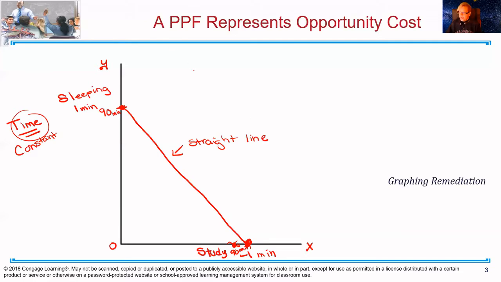Okay, so that brings me to my first really important point: when is the production possibilities frontier a straight line? It's going to be a straight line if you're only measuring one factor of production.